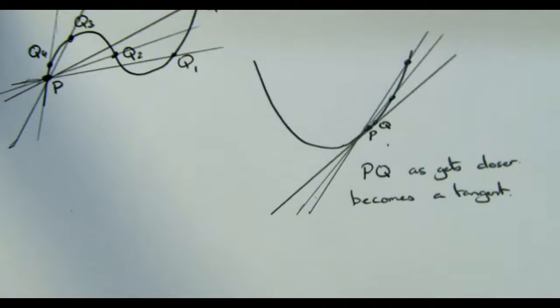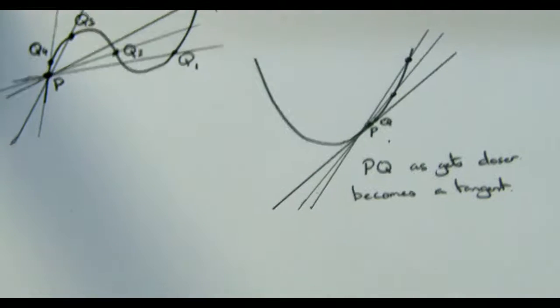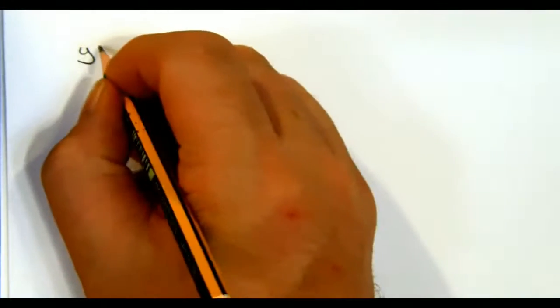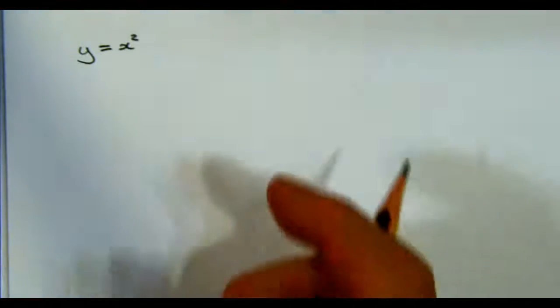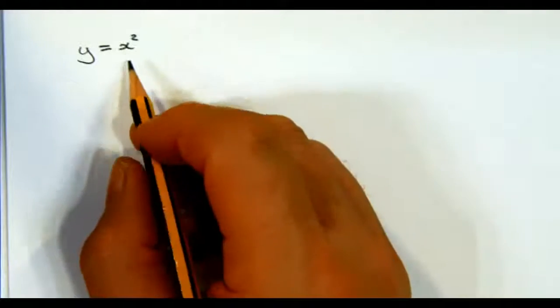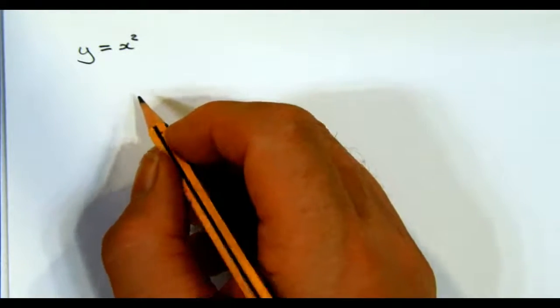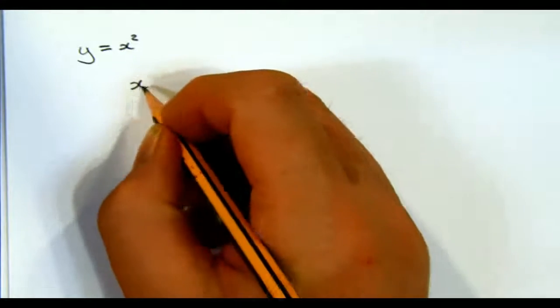So let's look at a simple example of this, and the easiest one I can think of, and the one that I was always taught, was y equals x squared. So let's look at this graph y equals x squared, and we'll have a look at some values of x.